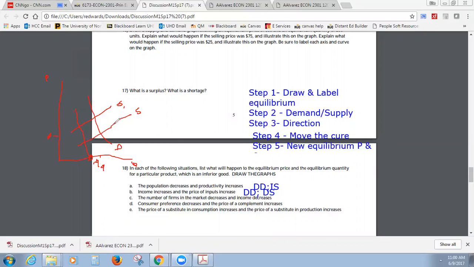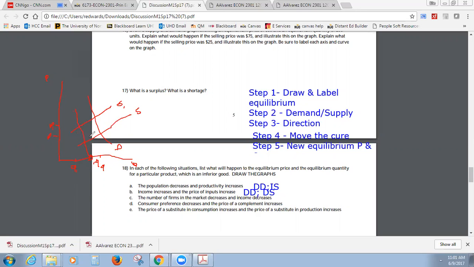When the supply decreases and demand decreases, I end up here at D1 S1, which means I would say because of these two changes, ceteris paribus, meaning all other things remain the same, I'm going to see an increase in price. And this is my new equilibrium here, this is my Q1. I would also see a decrease in quantity.